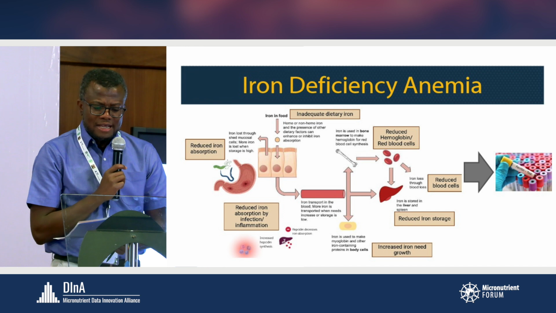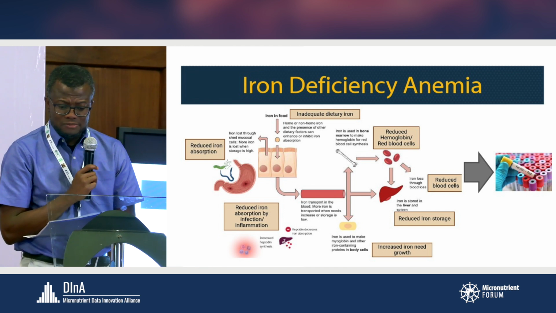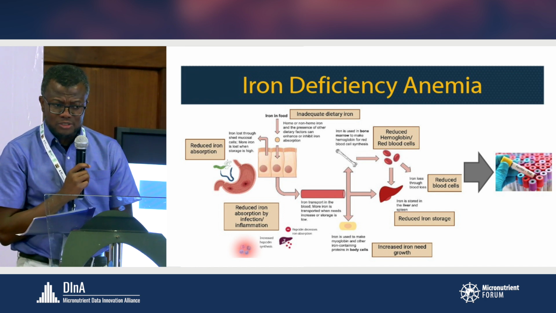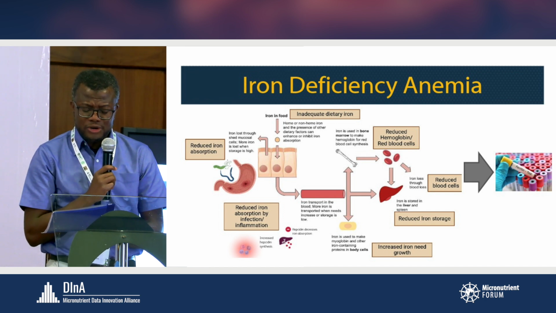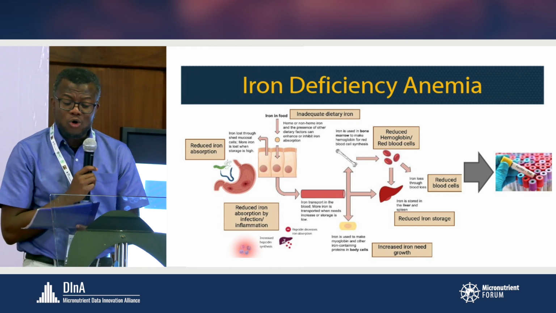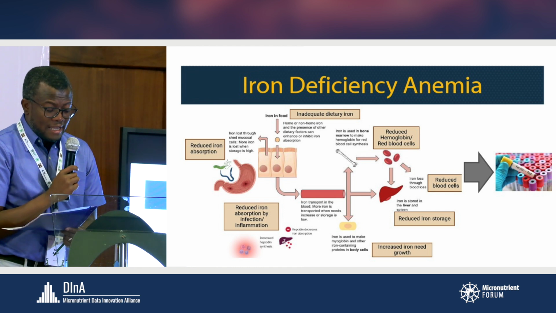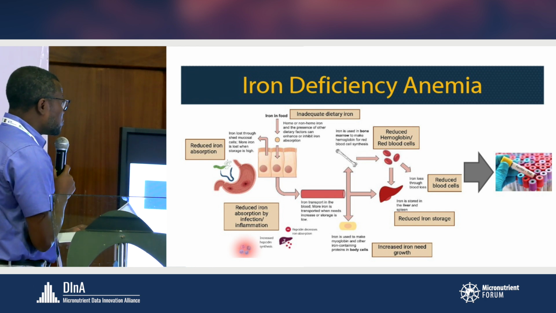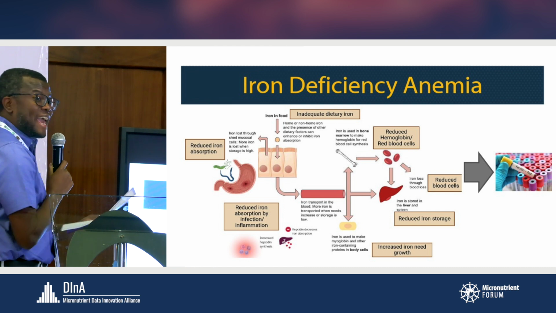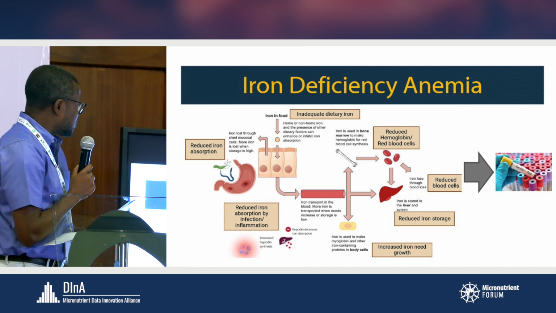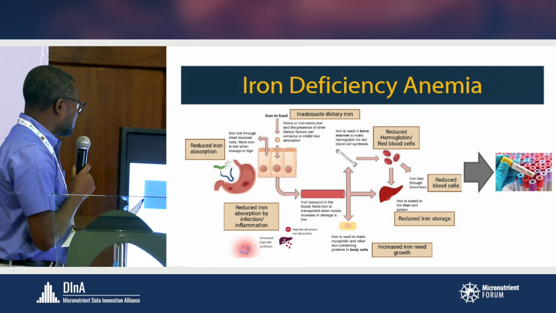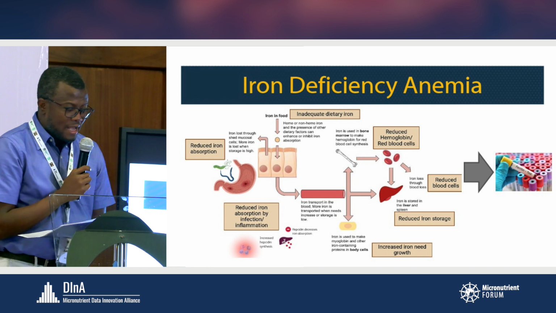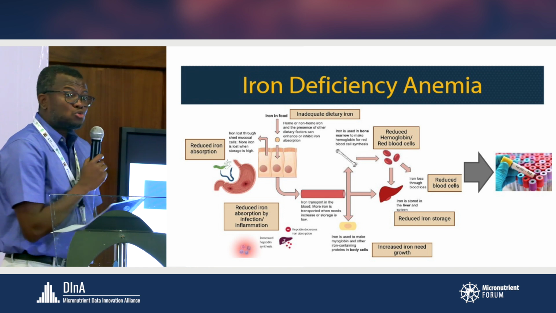When we look at iron deficiency anemia, which is what we normally look at from the program side, intervention side, or causal side, it also has multiple causes. On this slide, we show many things coming from the internal ecology of the individual: reduced absorption, inadequate dietary supply, and reduced red cell production.